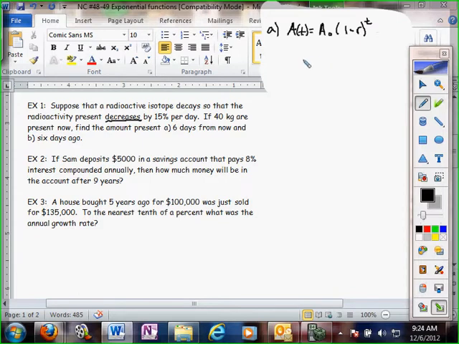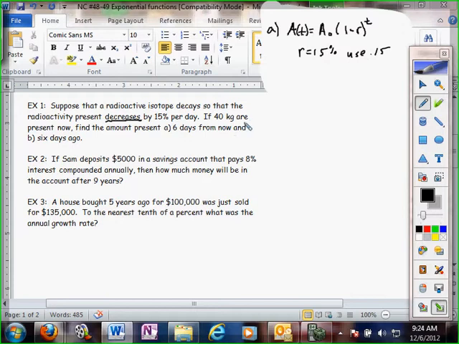Let's see if I can label what we have as I'm rereading the problem, which I always encourage you to do. Suppose that a radioactive isotope decays so that the radioactivity present decreases by 15% per day. That means r is going to be 15%, but we won't use the percent, we will use 0.15.